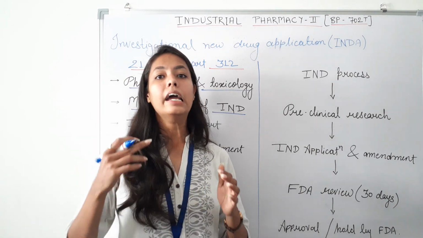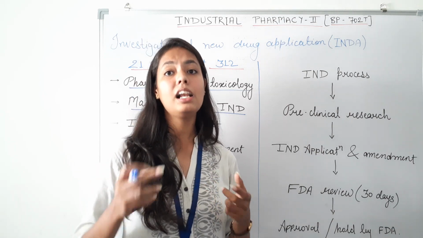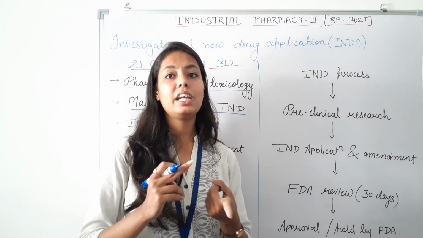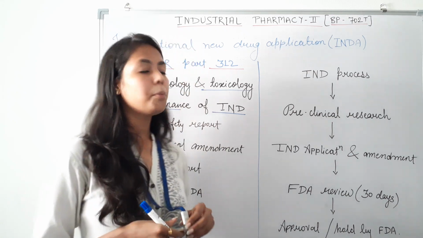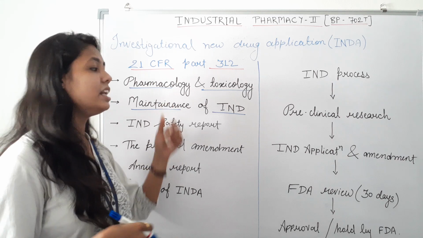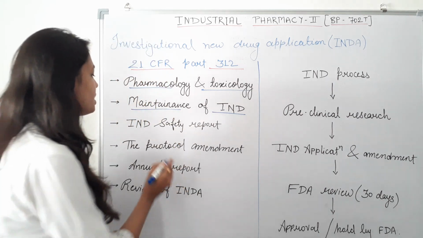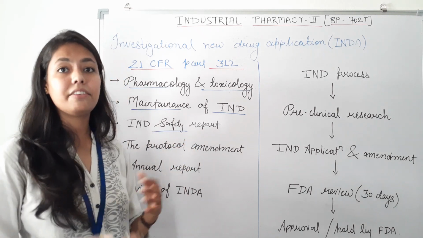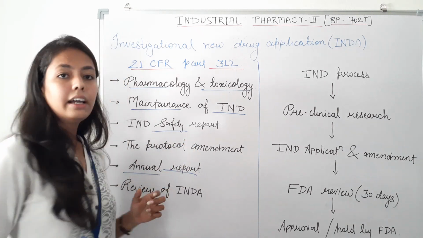For example, if we change any information that may require additional chemistry, manufacturing and control information of that particular new drug product. So this is the maintenance of any investigational new drug application and amendment in the safety report. Let's talk about the annual report.